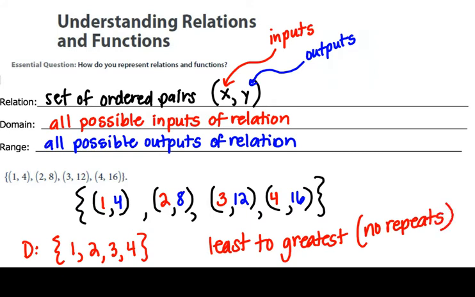And our range is the set of all numbers 4, 8, 12, 16. They're individual elements, 4, 8, 12, and 16. And again, that's least to greatest with no repeats. And that's our domain and our range of our relation.